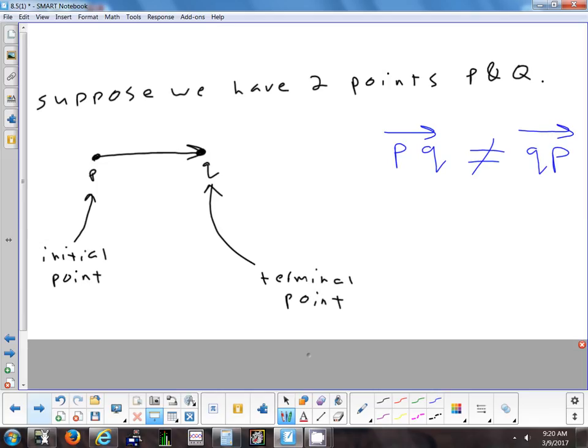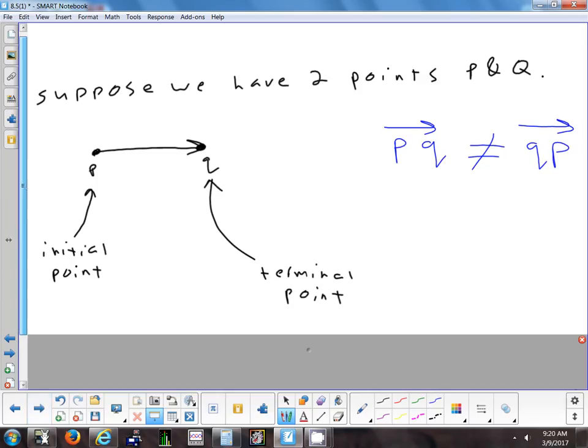What would be the same about ray PQ and ray QP? The magnitude would be the same, but the direction is exactly the opposite. Okay, we don't really use that notation very much. That's more what you'd use in geometry. But if you want to connect what we're doing with something in geometry, that's the connection you could make.